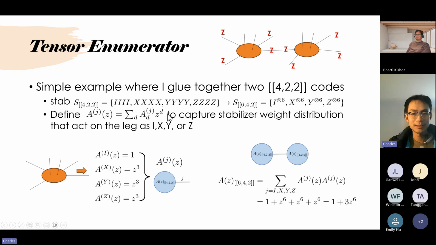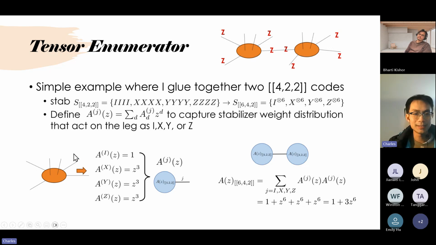Now to count the enumerator, we do the same thing, right? So let's define a tensor or a vector enumerator called A_j(z), which is a tensor of polynomials. And what it is doing is asking the following question. Suppose you have an identity acting on this leg that's to be glued with the other object.